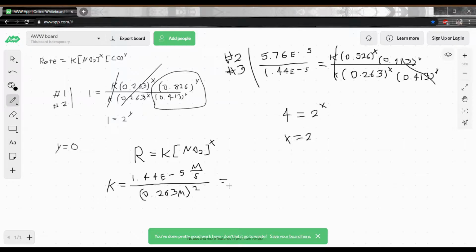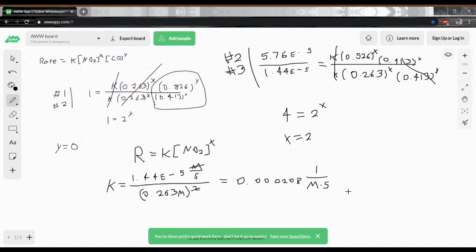When we work this out, we have a M squared here, so we're going to take out one of the M's here and get rid of this M here as well. This math works out to be 0.000208, and our units are per molarity second.